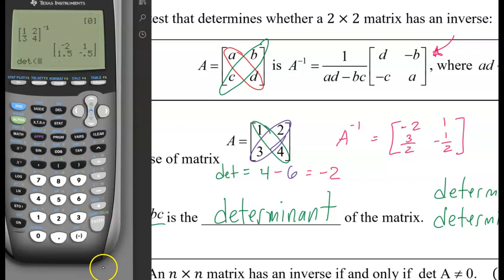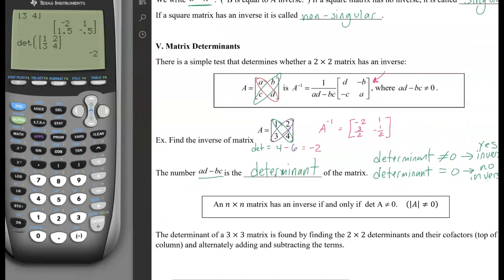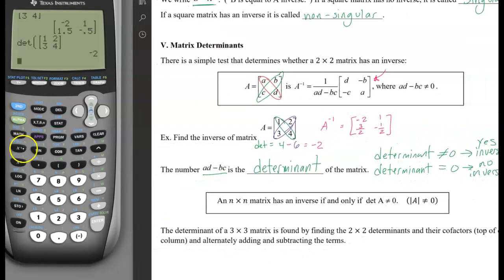That stands for determinant. We can find the determinant of our matrix this way as well, or you can do it by hand, either one. Second matrix is written in blue above that x to the -1 button.